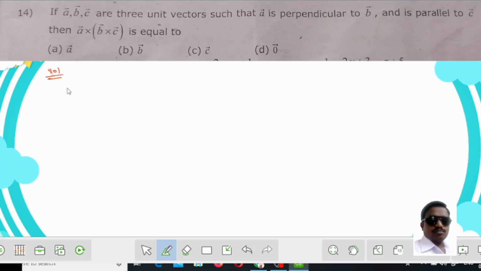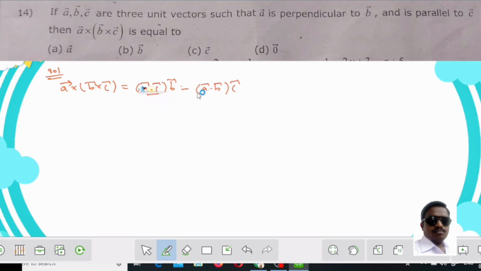This is a vector triple product, A vector cross B cross C. We know very well the expression for the vector triple product is A dot C into B minus A dot B into C vector.